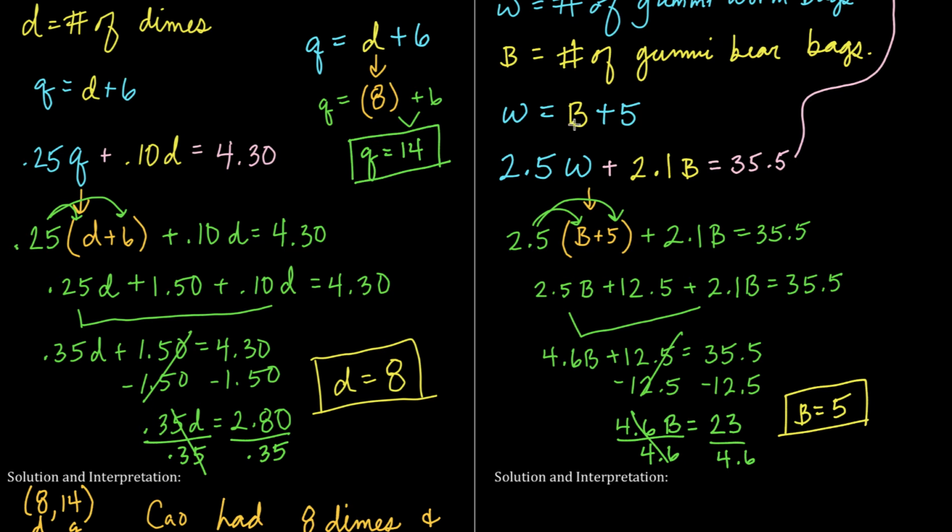Now we just plug it in to find the number of gummy worm bags. Number of gummy worm bags equals B plus 5, and instead of B, I will put 5.